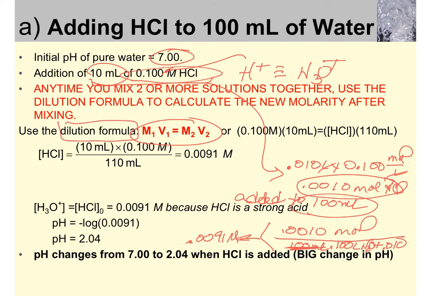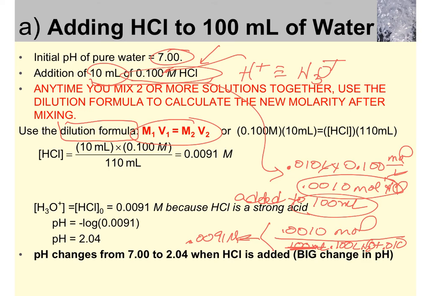Now, having gone through that to help you understand what happened, there's something called the dilution formula, which hopefully you've used before. Anytime you combine 2 solutions, and in this case we added a small amount of an HCl solution to water, you're diluting everything in both of them, and so this dilution formula will work.